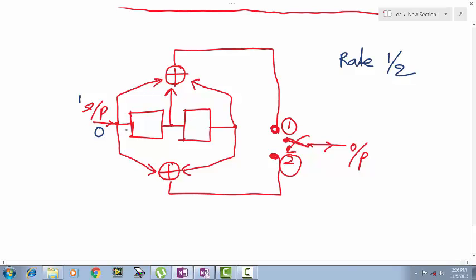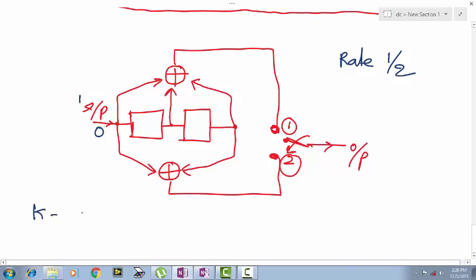So the constraint length can be defined as the number of memory shifts required for the input bit to influence the output. So let me write that.